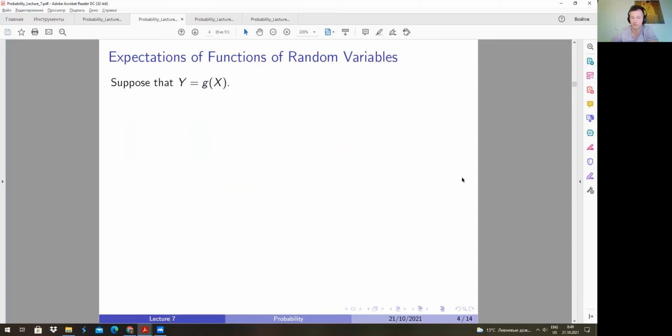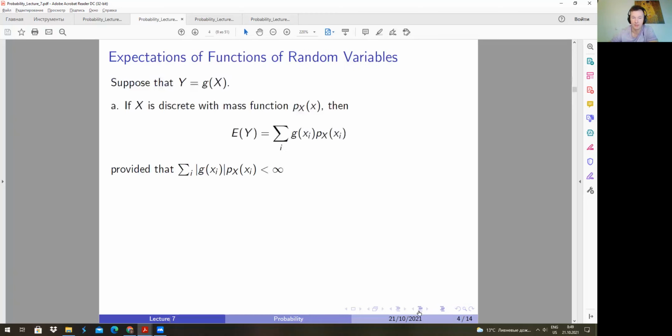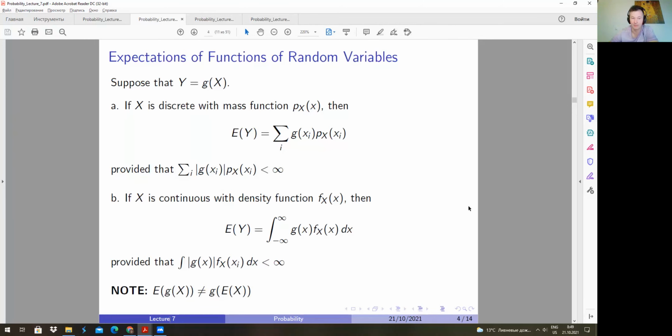And look, here expectation of x was 3 over 2. Here expectation of x squared is 3. And look at this, what I gave you here. So look, this is 3. But this is going to be 3 over 2 squared, which is 9 over 4.